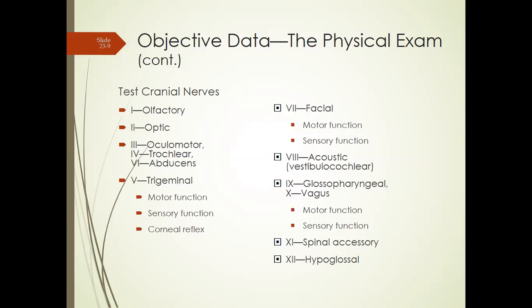This is the eighth nerve, which is the acoustic nerve or vestibulocochlear nerve. The ninth is glossopharyngeal, and the tenth is vagus, which has motor as well as sensory function. Next is the 11th nerve, which is the spinal accessory nerve, and the 12th nerve, which is the hypoglossal nerve.